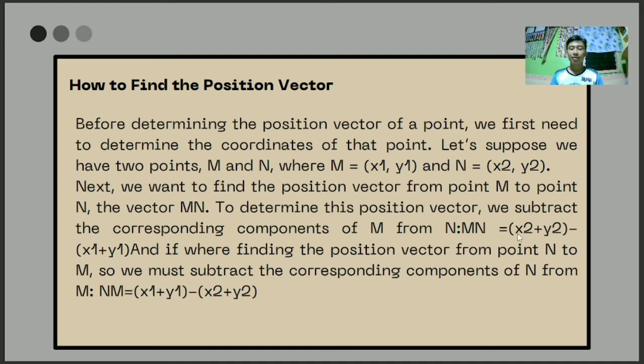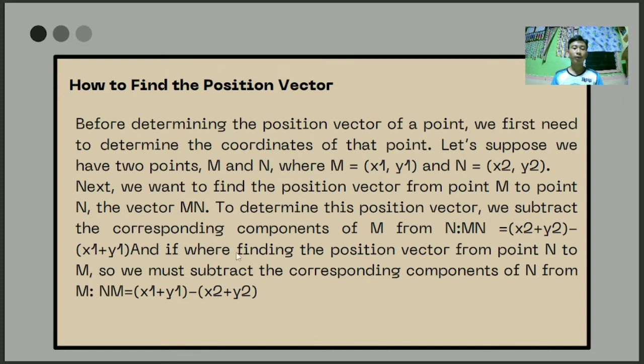Notice that this x2, y2 is the coordinates of N, and this x1 and y1 is the coordinates of M. So if we're finding the position vector from point M to N, we're going to subtract the coordinates or the components of point M from point N.